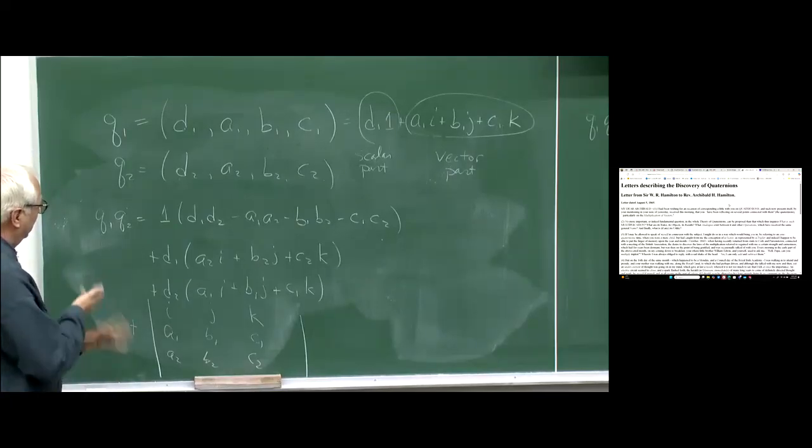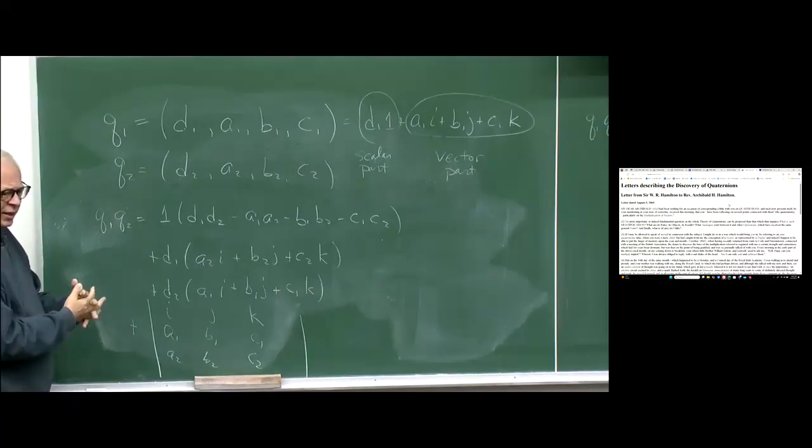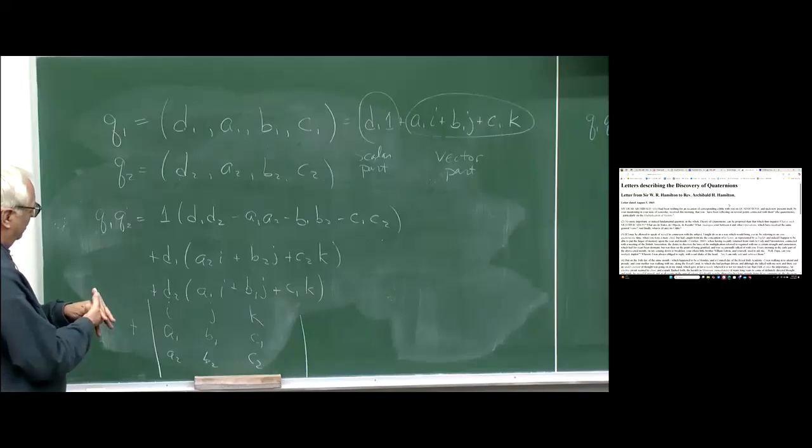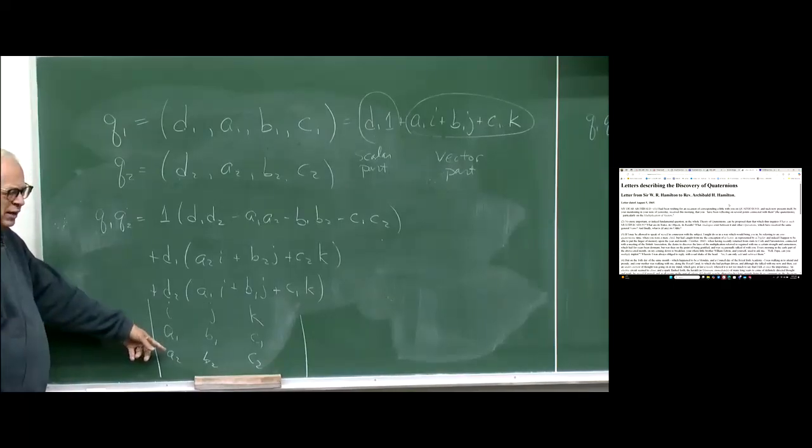But the only thing that's funny here is there's a whole bunch of stuff in his definitions that are pretty cool. You know, i times i is -1, and j times j is -1, and wow, this kind of looks like a cross product of vectors.